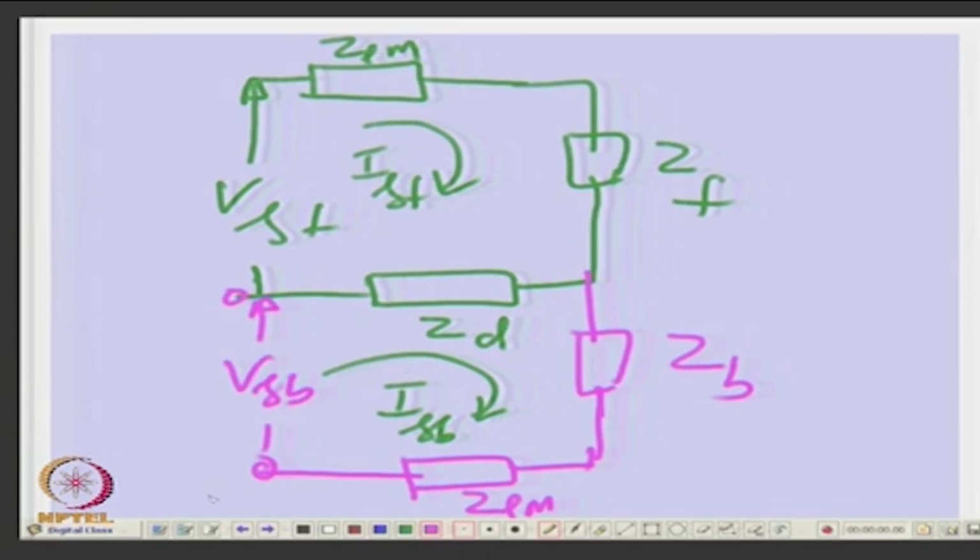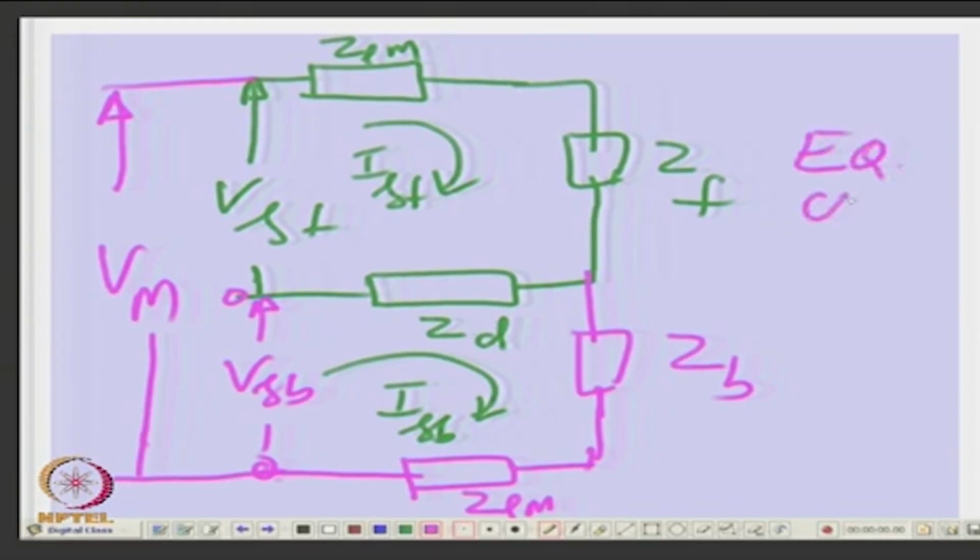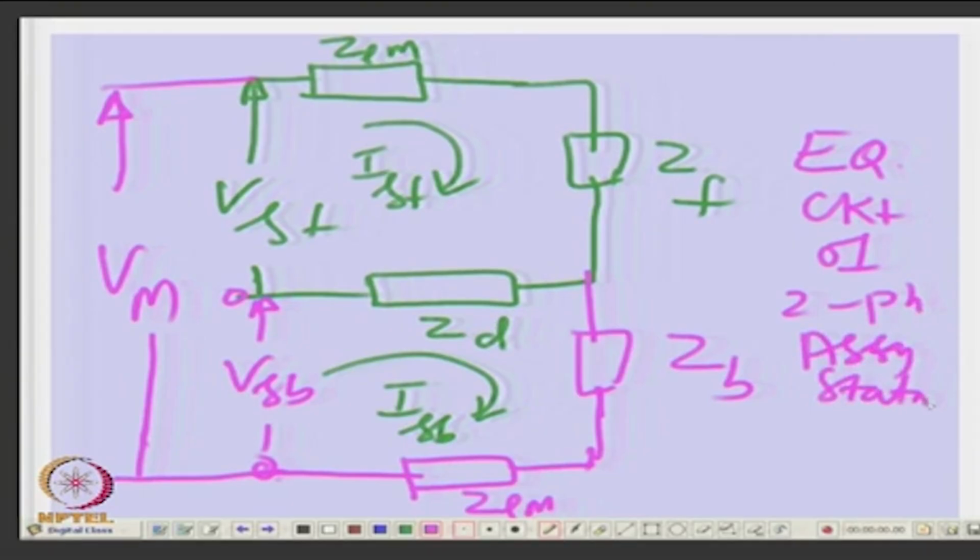What will be VSF plus VSB? V is nothing but the voltage across the main winding. Okay. So, this will be the equivalent circuit of two phase asymmetrical stator induction motor.